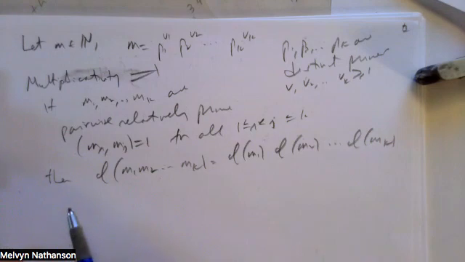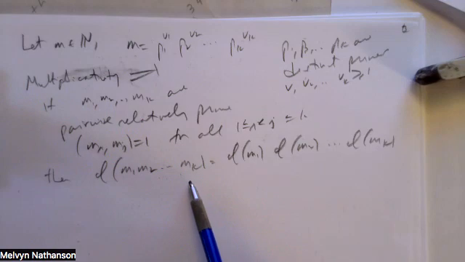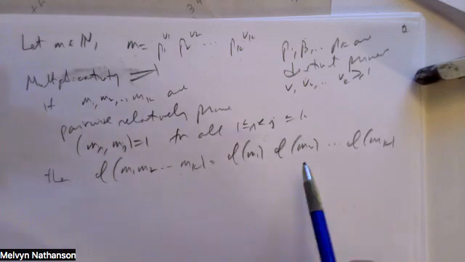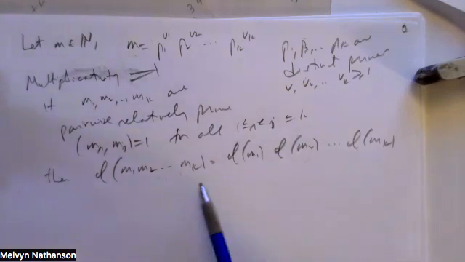So if an arithmetic function is multiplicative, which means this statement is true for k equal 2, then it's easy to show by induction that if m1 up to mk are pairwise relatively prime, this multiplicative property holds for any number of factors.